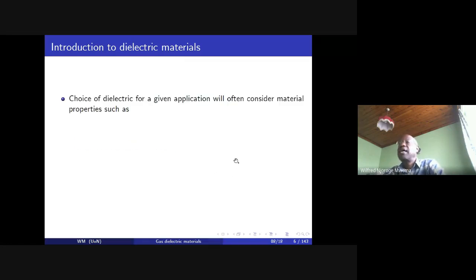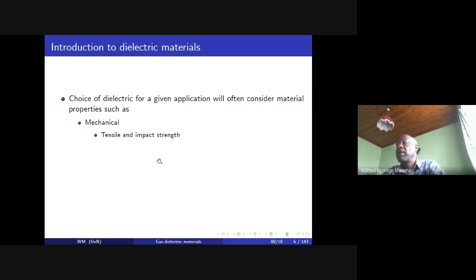So the choice of a dielectric for a given application will often consider material properties such as, one, the mechanical properties such as tensile or impact strength. That is, impact when it's hit, does it rupture or does it stay intact?